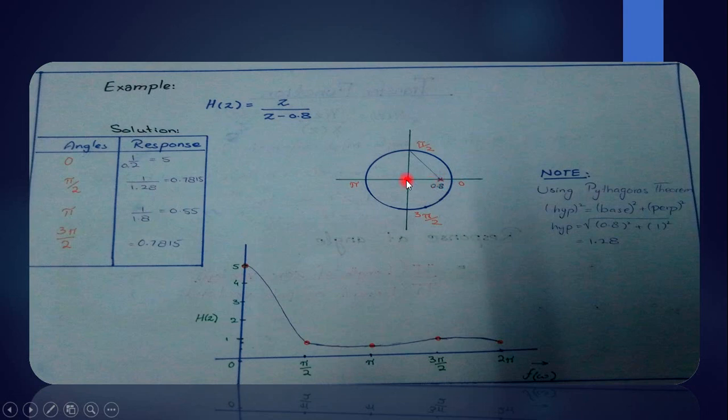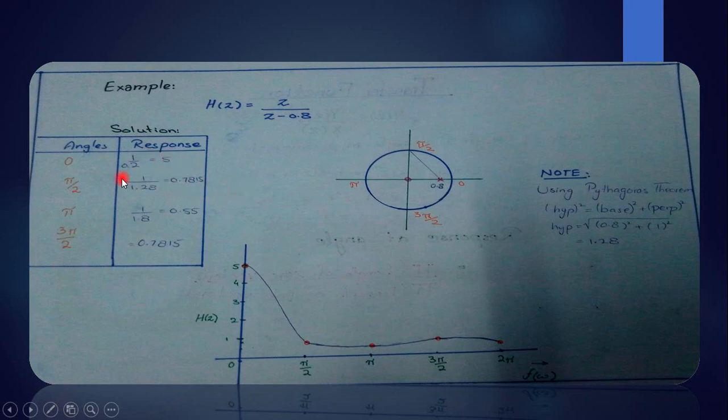If we want to find the response at angle 0, we just need the length of the zero vector, which from this zero to that point is 1, divided by the length of the pole vector, which is just 1 minus 0.8. It will come out to be 0.2. So 1 over 0.2 comes out to be 5.